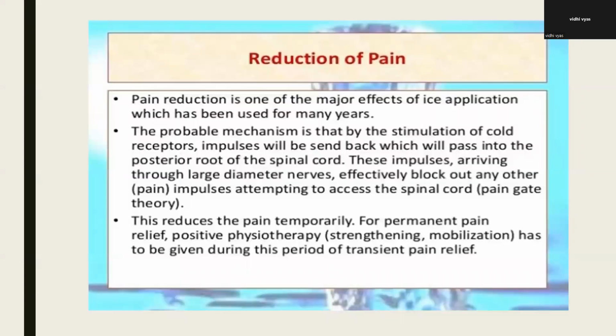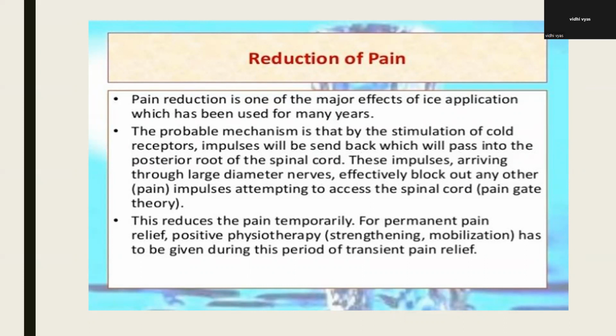Reduction of pain. Pain reduction is one of the major effects of ice application which has been used for many years. The probable mechanism is that by the stimulation of cold receptors, impulses will be sent back which will pass into the posterior root of the spinal cord.